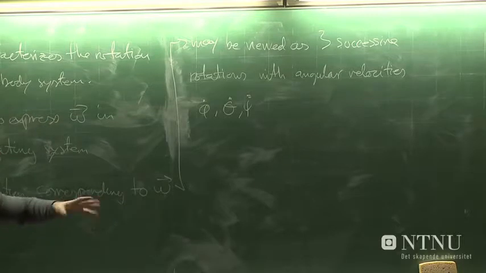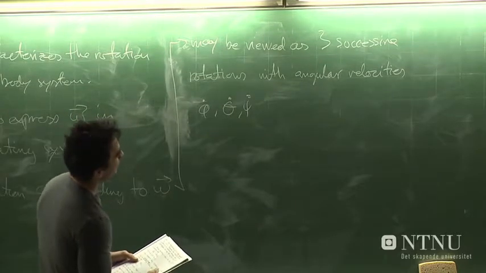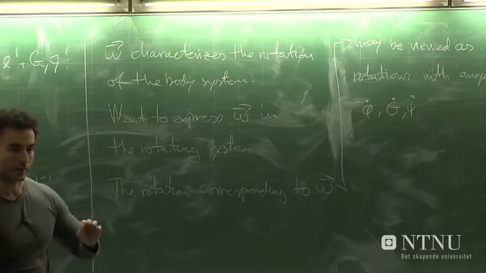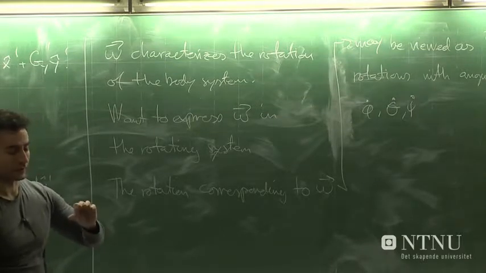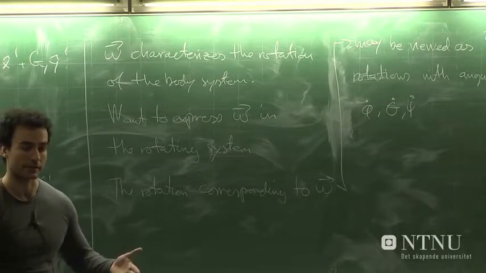This should correspond to an arbitrary angular velocity vector. And if this is the case, well, then we're in a good position because we know how to go from the original coordinate system to the new one by means of these transformation matrices B, C, and D.